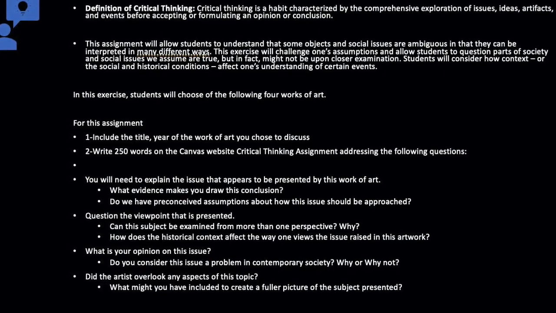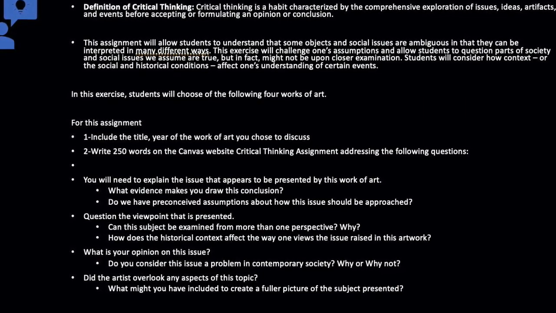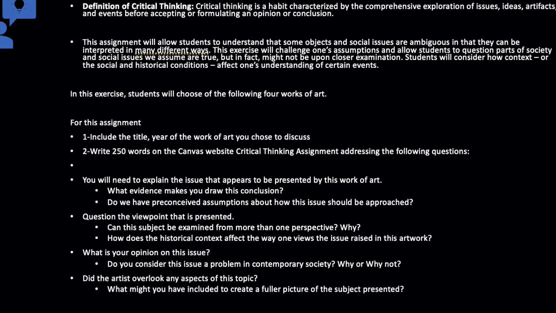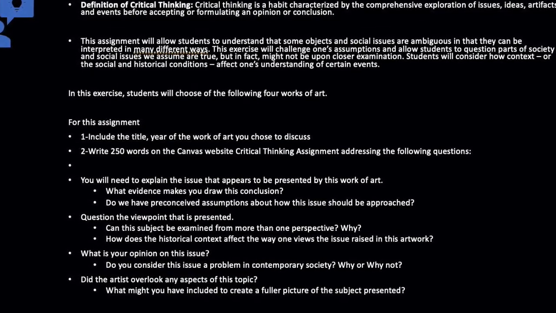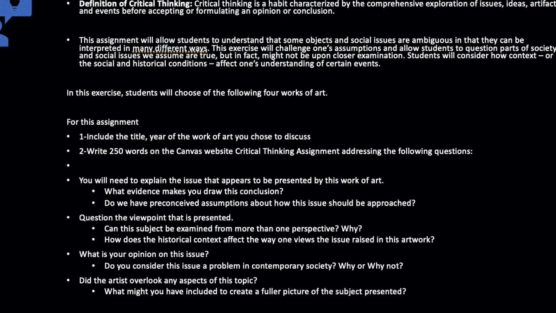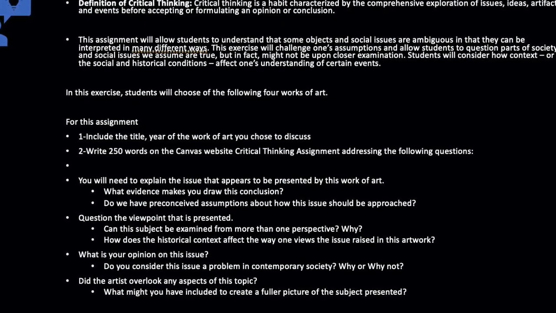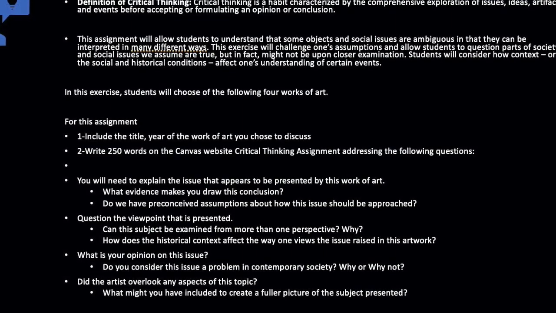But your artwork has to examine a complex issue that doesn't have one perspective. By this I mean that your issue can be looked at from different viewpoints and that there is no definite right way to approach this subject.